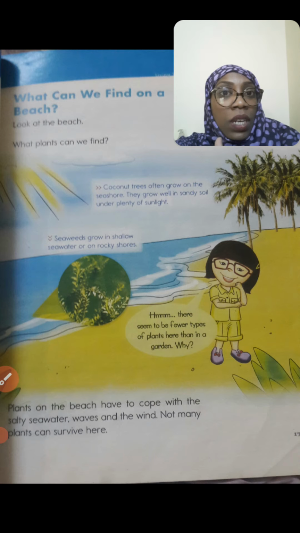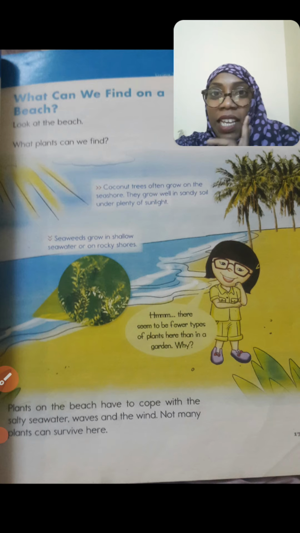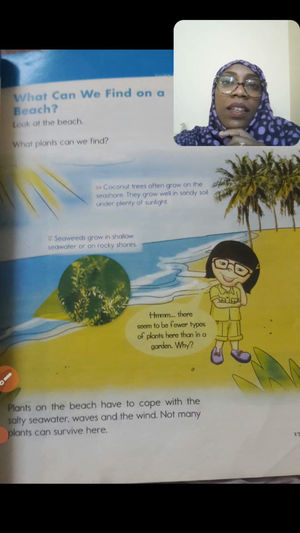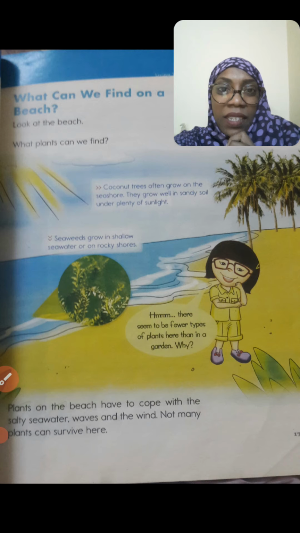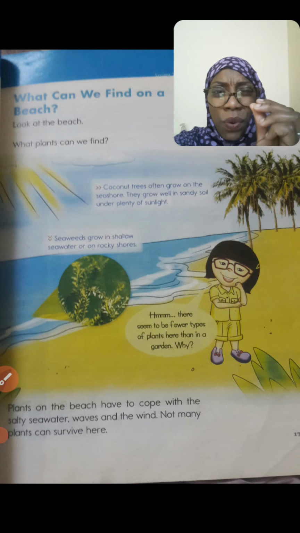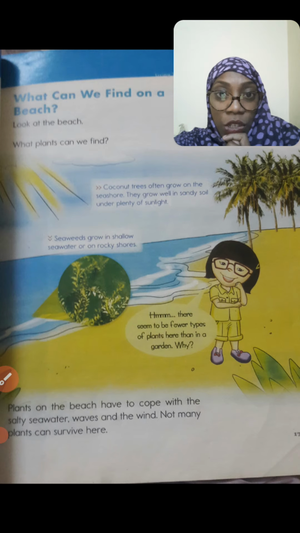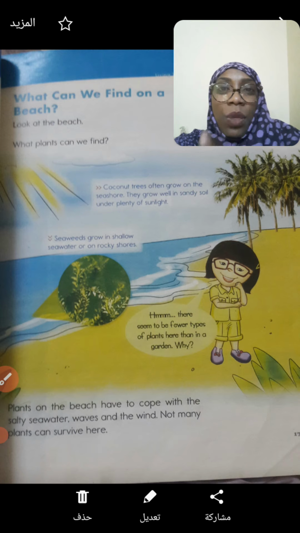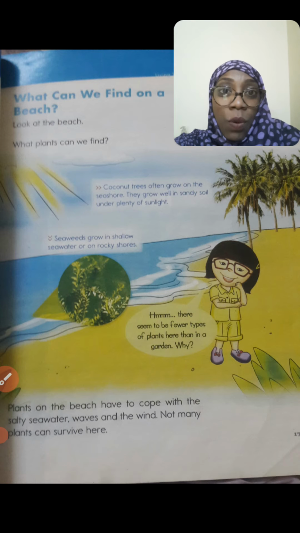There is no water in the sand. It will never stay. It will dry immediately. Also the beach is a hot place. So few plants can survive in this situation. Okay, so those are the two kinds of plants we find on the beach.